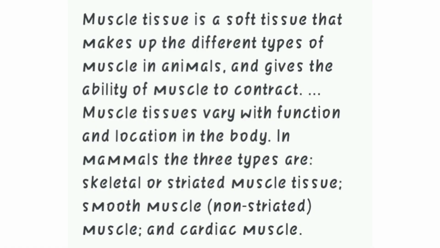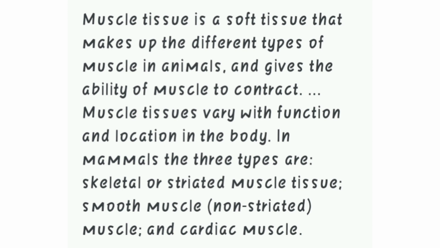Now we will discuss the remaining tissues. First one, muscle tissue. Muscle tissue is a soft tissue that makes up the different types of muscle in animals and gives muscle the ability to contract.